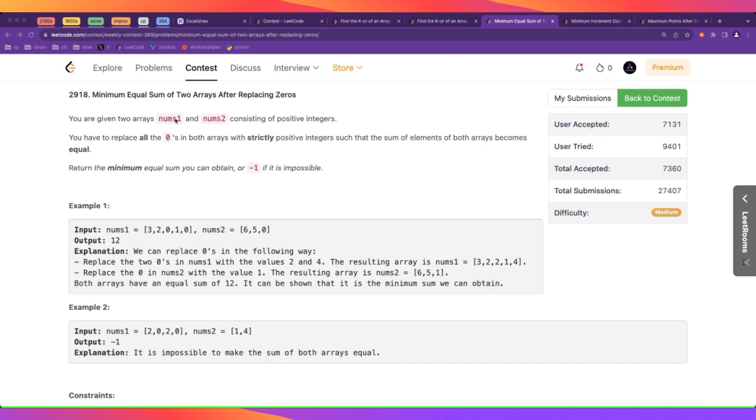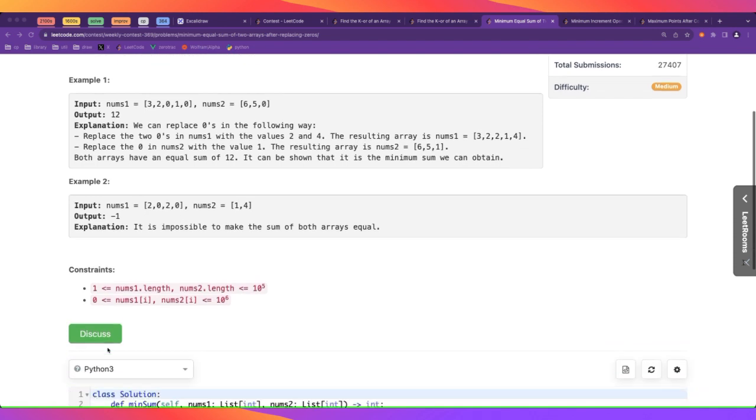You're given two arrays, nums1 and nums2, consisting of positive integers. You have to replace all the zeros in both arrays with strictly positive integers such that the sum of elements of both arrays becomes equal. Return the minimum equal sum you can, or -1 if it is impossible.